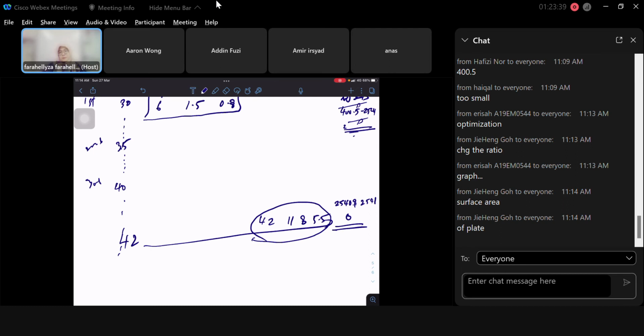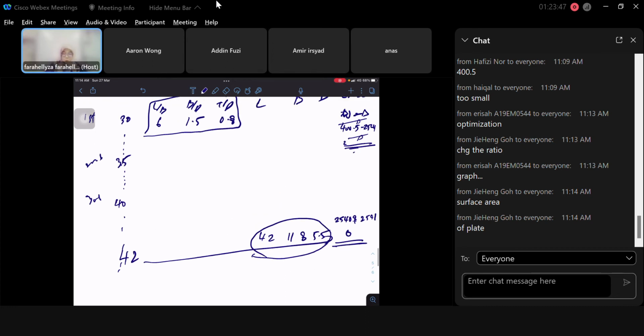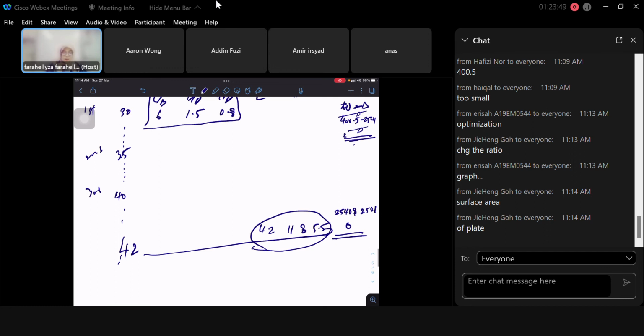Okay, so when you get the cost, you will see that the cost may be higher. Then we change the ratio. The surface area of the plate will give you a number of plates. Of course, a bigger surface area of plate means a bigger cost, right?